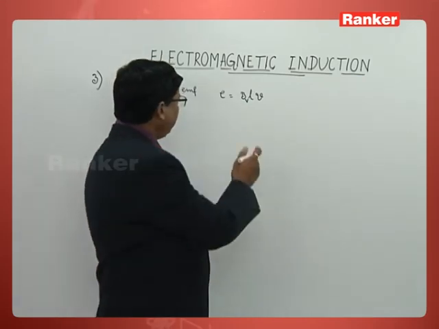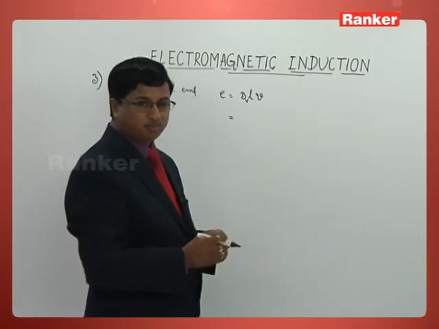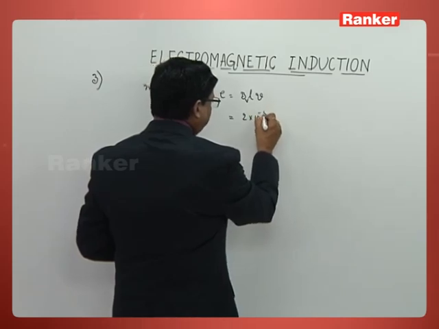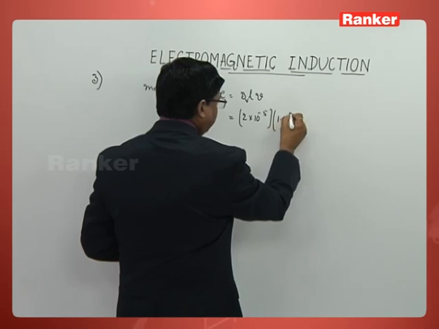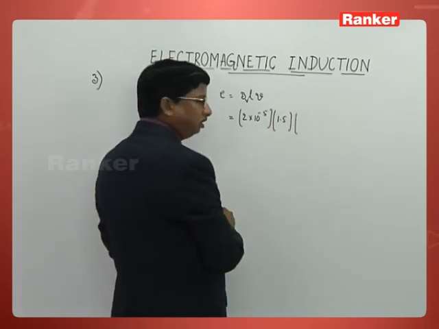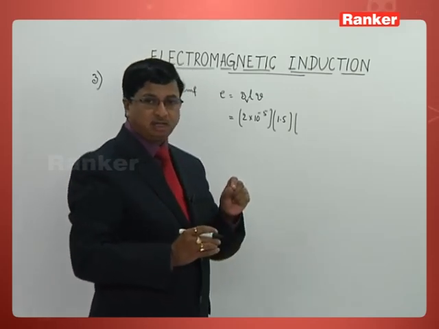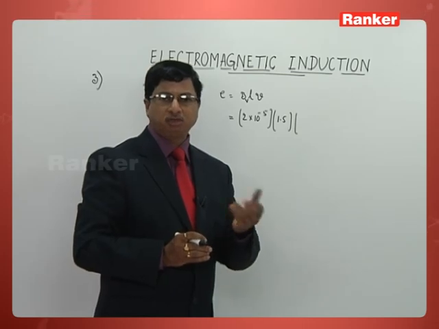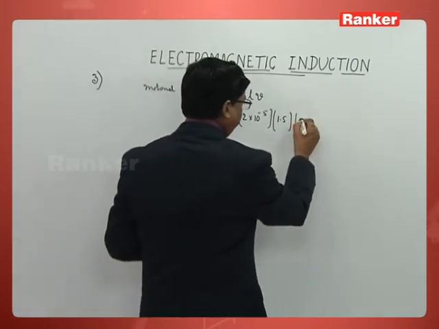So straight away calculate: the value of the vertical component given is 2 into 10 to the power minus 5 Tesla. Length of the axle is given simply 1.5 meter. Velocity being 180 kilometer per hour, which now, times 5 by 18, we know is 50 meter per second as such. So straight away we can write 50 over here.